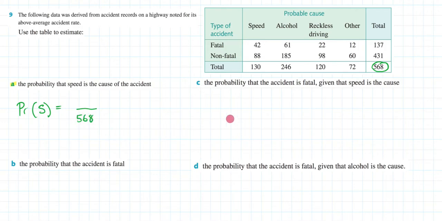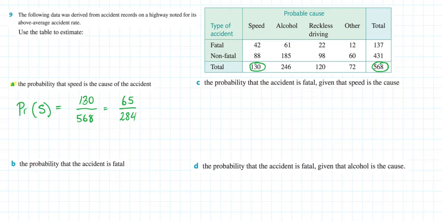And it's going to be, so speed, 130. So 130 out of 568 is going to be the probability that speed is the cause of the accident. And I'm going to simplify that into 65 over 284.